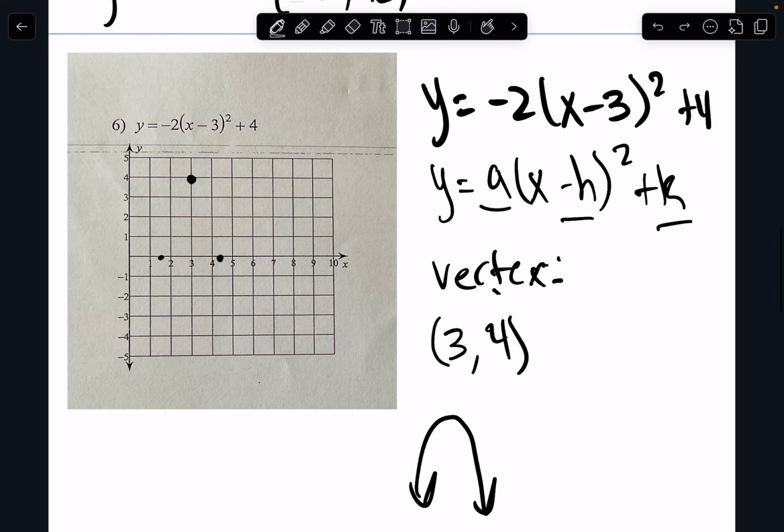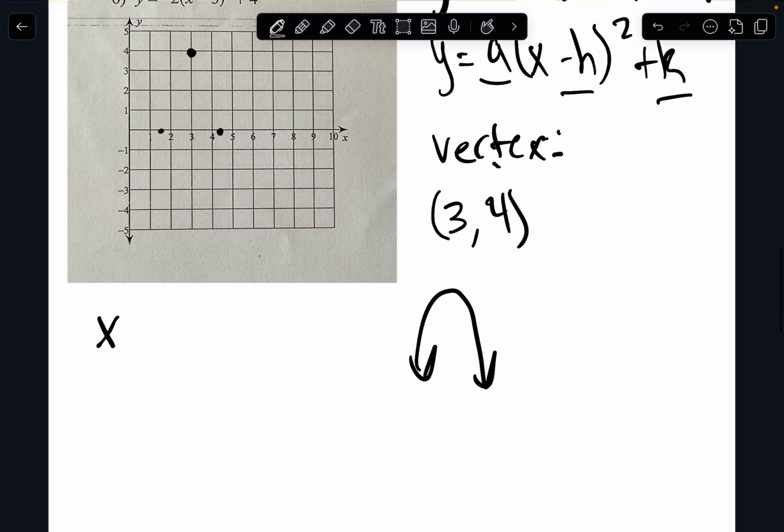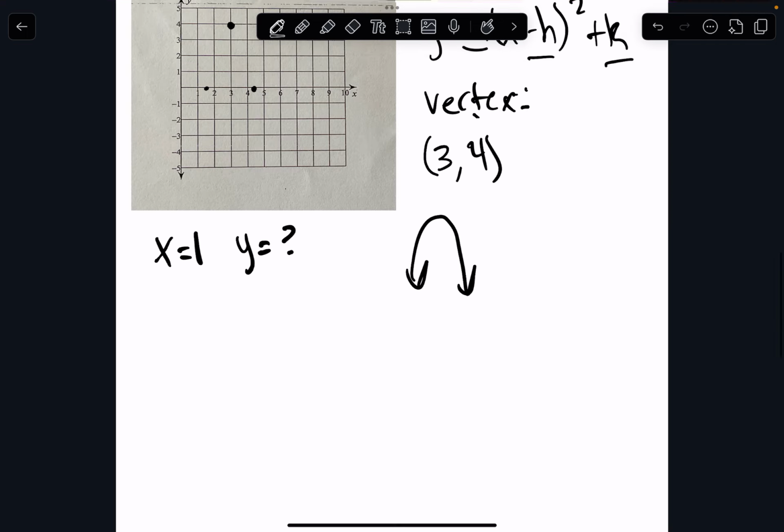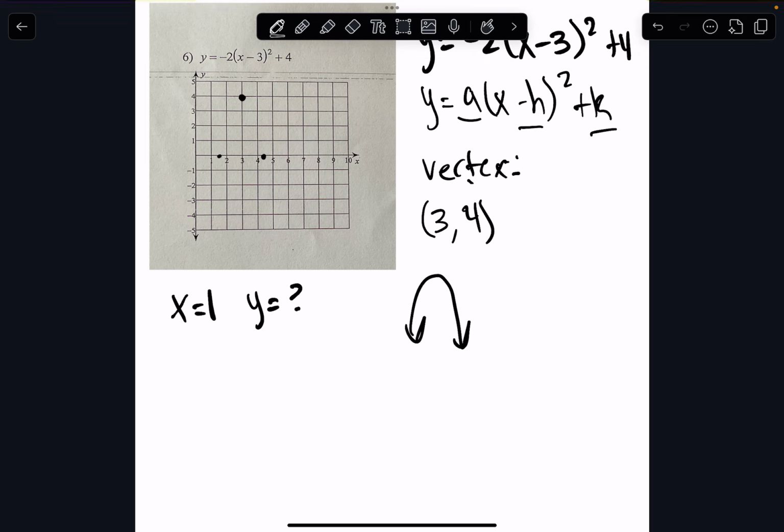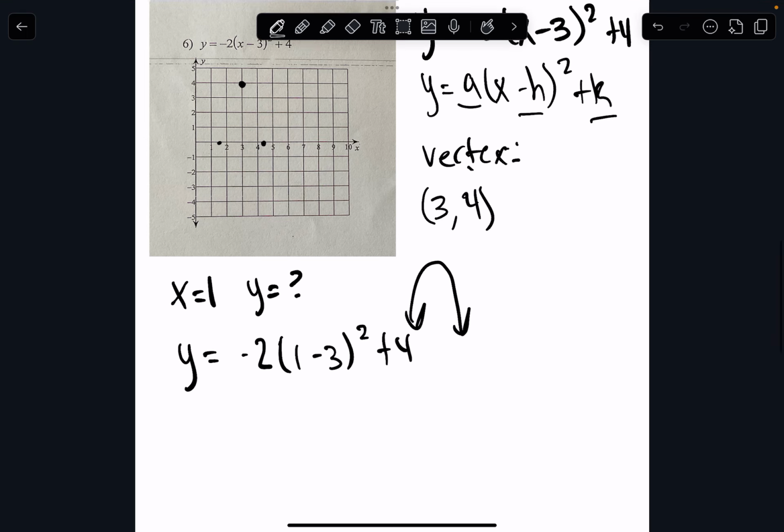So let's set x equal to 1, and y we don't know. So y is equal to negative 2 times x, which we're going to set as 1, minus 3 squared plus 4. And now we're going to solve for y.